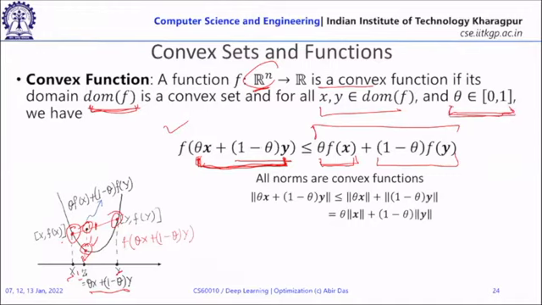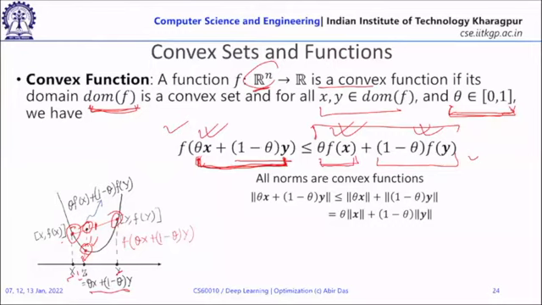Theta can be any value between 0 and 1, but in the definition, when you are asked to find whether a function is convex, you have to use the same theta on both sides. Suppose theta is 0.4, then the same 0.4 appears on both sides to check whether the function is convex.